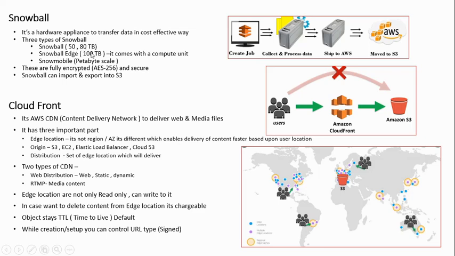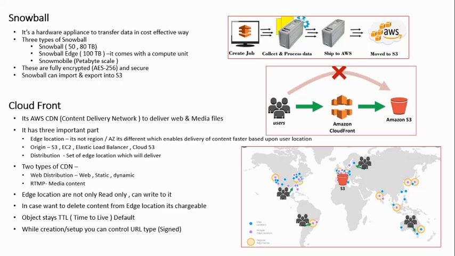Snowball Edge has 100 TB, and it comes with a compute unit. So it has a Kindle attached to it, and it has a compute unit, Lambda and other functions. So maybe you can use that as a small data center. Suppose you are flying, you do not have internet connectivity there, and you have Snowball Edge. It could be storage, and you can have your own compute there. So you can think of it as a compute unit also.